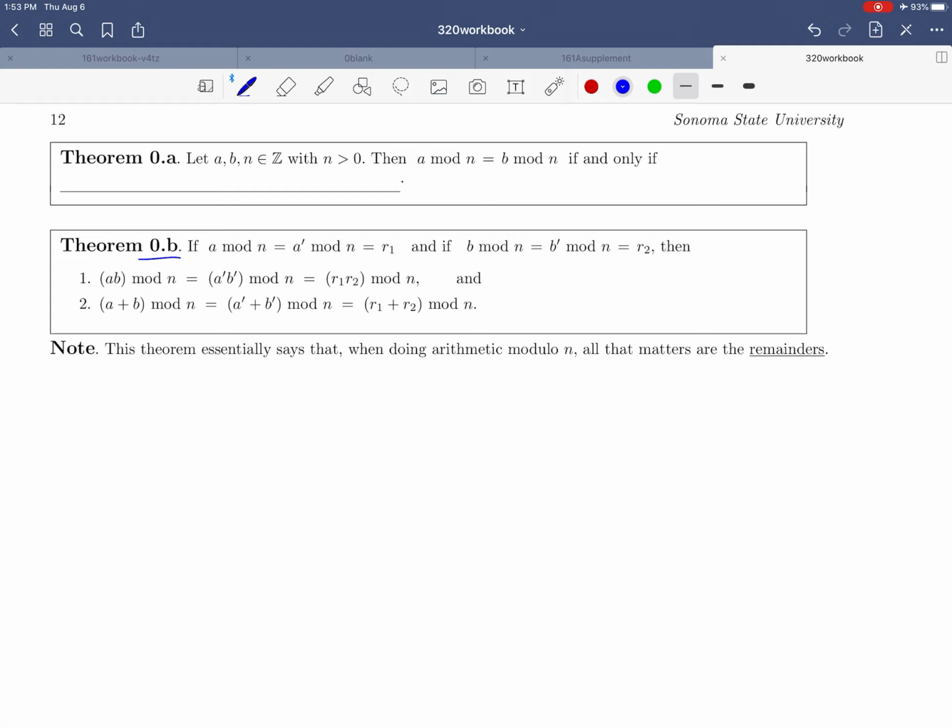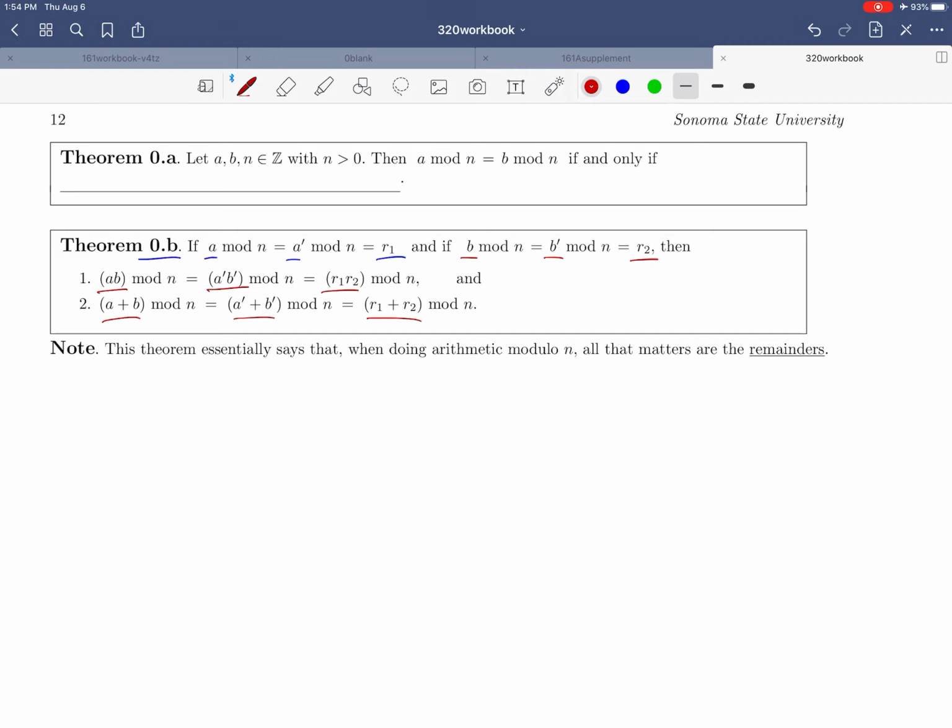So if we have two numbers that are the same mod n, so in our case a and a prime, they have the same remainder after division by n, and the same is true for two other numbers, b and b prime, then the product of a and b will be the same as the product of a prime and b prime, which will be the same as just multiplying those remainders together, mod n. And the same is true for the addition as well.